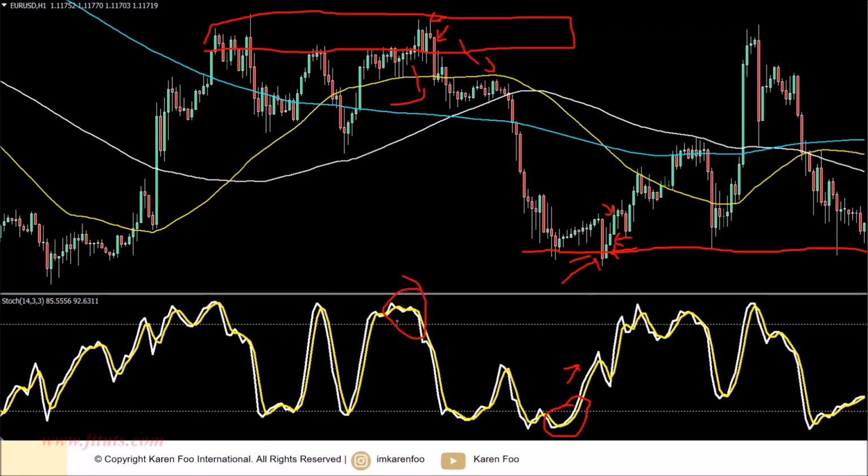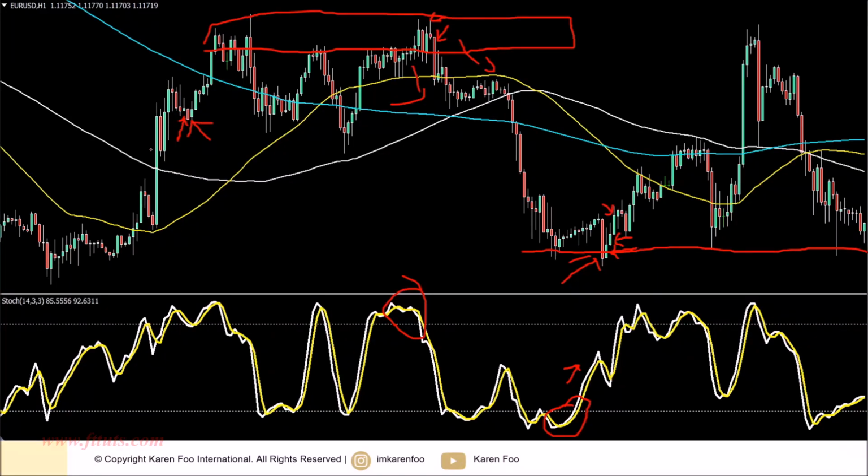So the thing is, context is really important, because if a shooting star or inverted hammer appears at a very random place, where it's not testing any support or resistance, then it is just a candlestick that you should ignore. Don't just see a shooting star and then you enter. For example, if there's a shooting star over here, followed by a bearish candlestick, are you going to enter a sell trade?